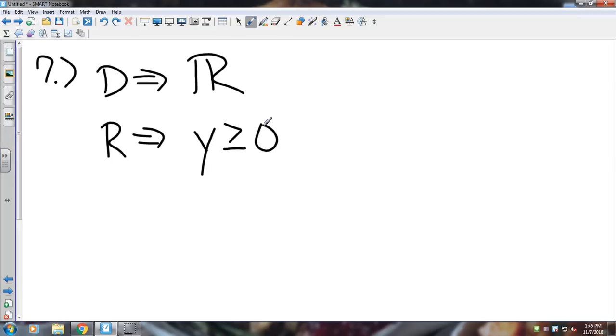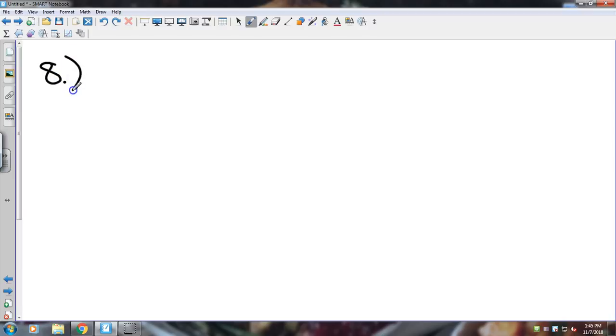Now, do you see the difference between 7 and 8? 7 stretches on forever to the right and left. 8 is 4 very specific points.